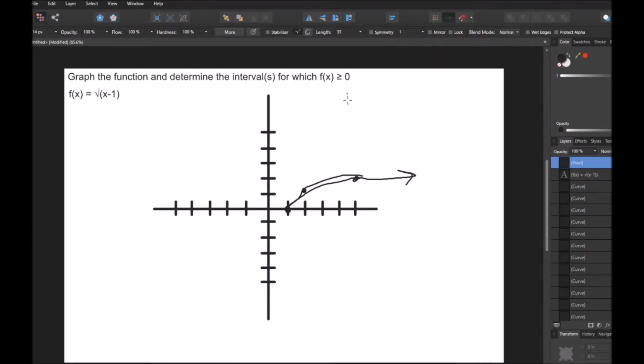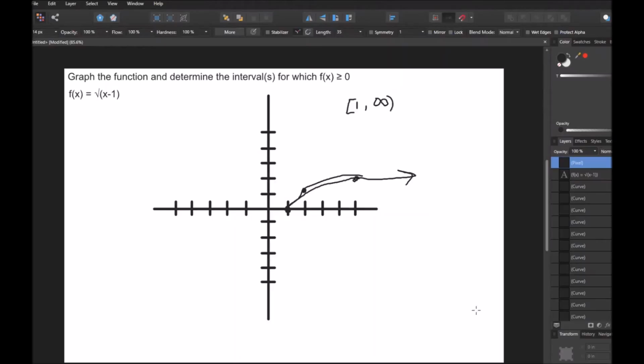And so in our interval notation, we would say that it's greater than or equal to 0 from 1 to infinity. And if it's not clear why it's infinity, just pick increasingly larger numbers for x, and you'll see that the y value will not go below 0.